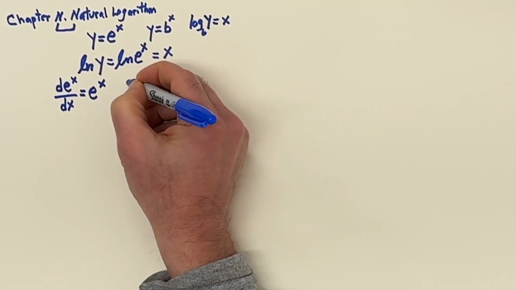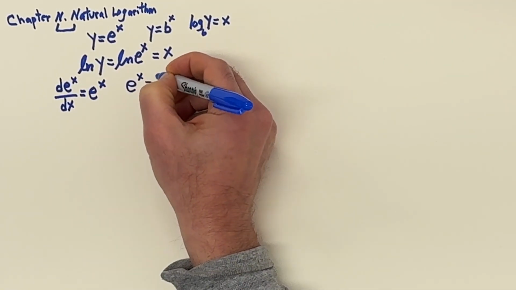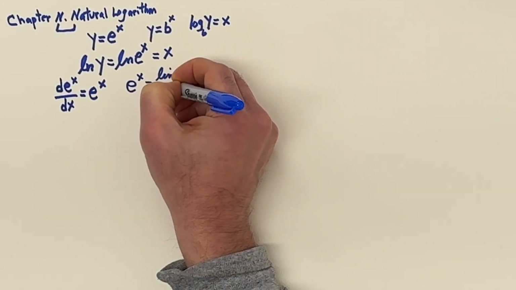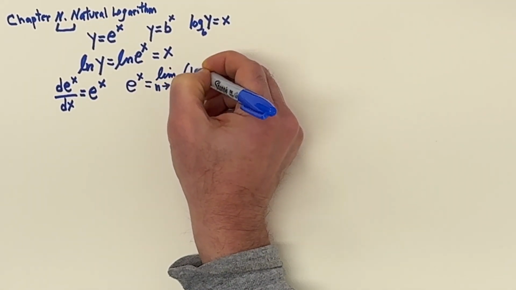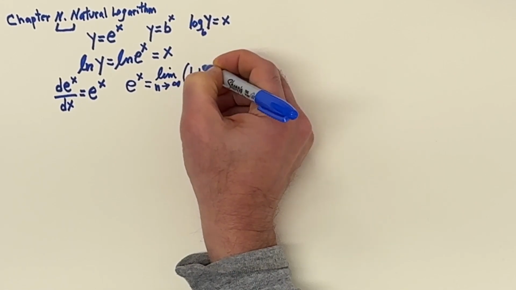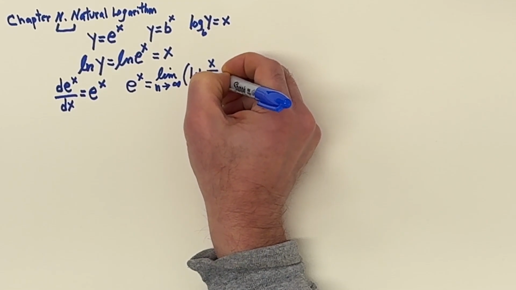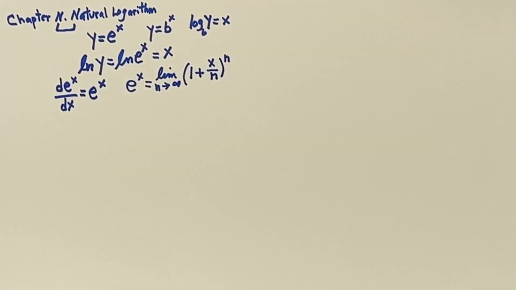And we also know from the last class that e to the x is equal to the limit as n goes to infinity of (1 plus x over n) to the nth power. So these are going to be handy in this chapter.